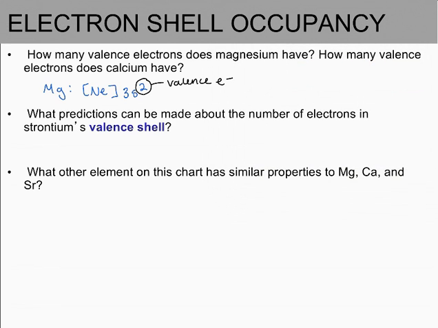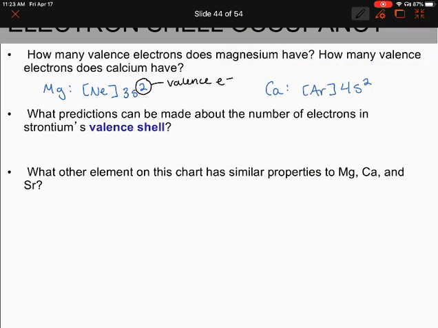And then how many valence electrons does calcium have? So we said that calcium's noble gas configuration was argon 4s2, which means that calcium has two valence electrons. So then what predictions can be made about the number of electrons in strontium's valence shell?